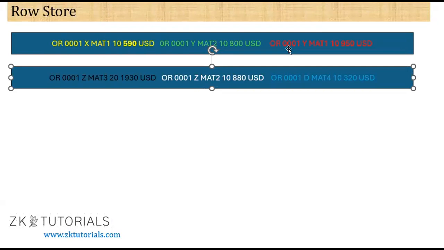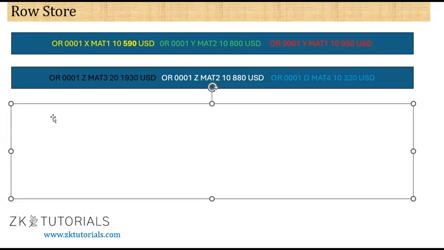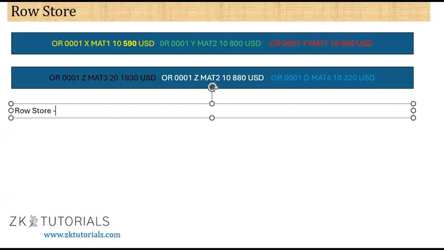It consumes a lot of processing power and time. So this is the big disadvantage of row store: traversing all the records.